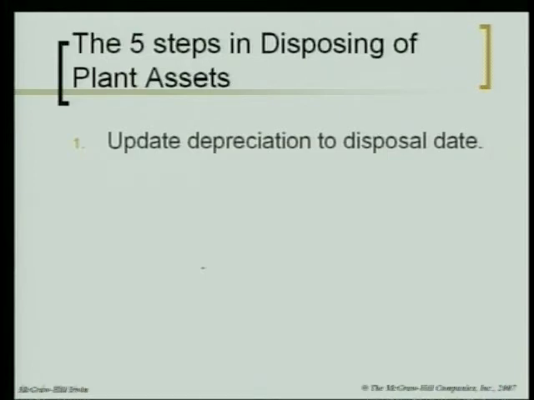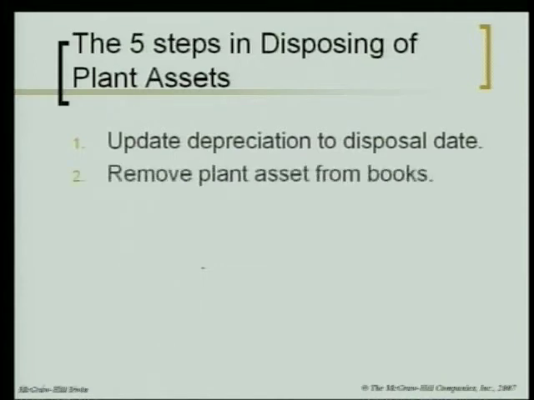We'll go ahead and depreciate those 6 months from January to June and record that journal entry. That's the first thing you need to do if it hasn't been done already. Make sense? First step is update depreciation to the disposal date. Now the next 4 steps, steps 2, 3, 4, and 5, involve building the journal entry that will go on your books to dispose that fixed asset.